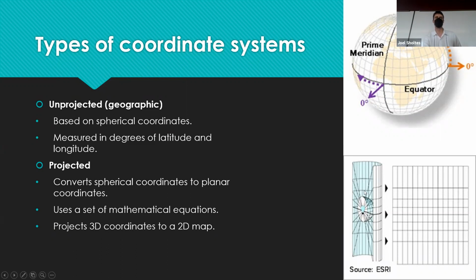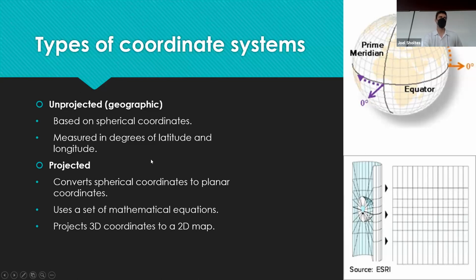But you can see right here, this is an example of a projection. We say project because it's like shining a light. If we had a light bulb in the middle of our spheroid, our Earth, and traced these rays of light out over, in this case, a cylindrical flat piece of paper, this would be your projection. And you've seen maps like this. I'm not going to remember the name of it, but you've seen global maps that look like this. So a projection is taking a three-dimensional object and making it two-dimensional.